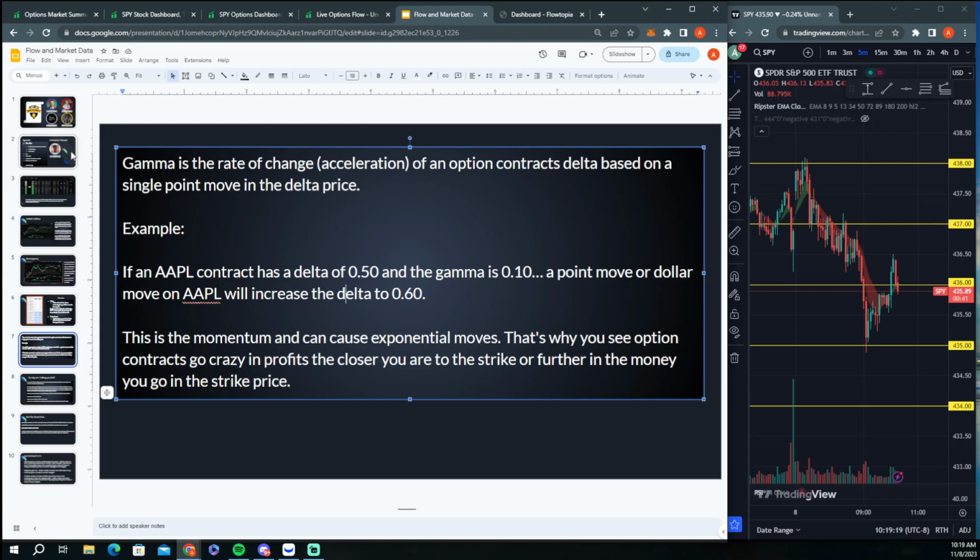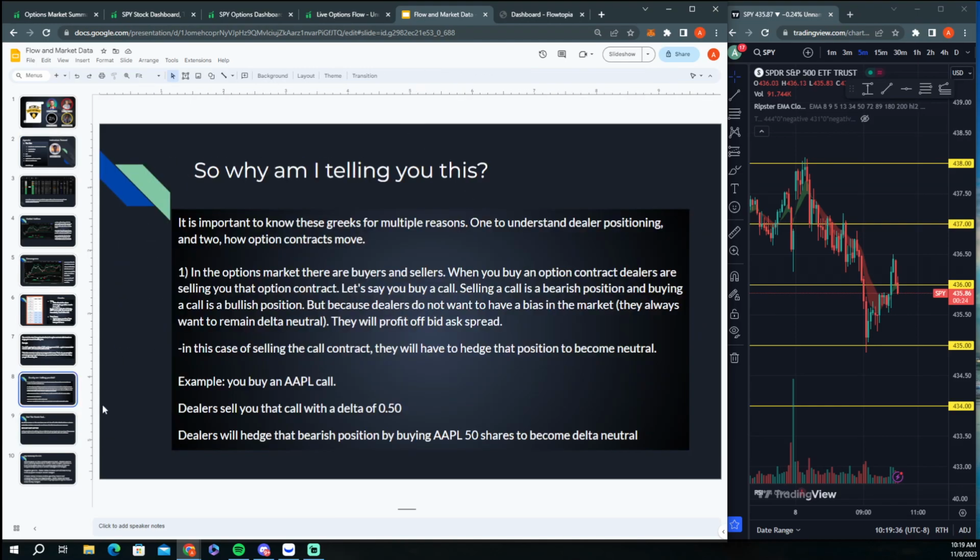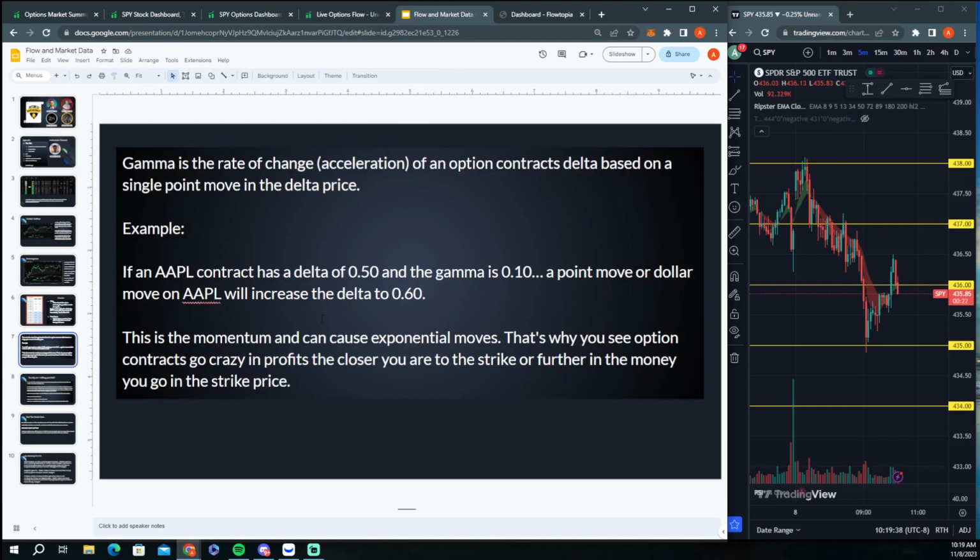That's pretty much my main concern here: how you read it, how you utilize it, and then how you can use 0DTE and all-expiration gamma exposure levels. I don't really want to confuse you with how dealers use it, but it is kind of important to understand what gamma exposure is. No questions? Or gamma is no questions at all?